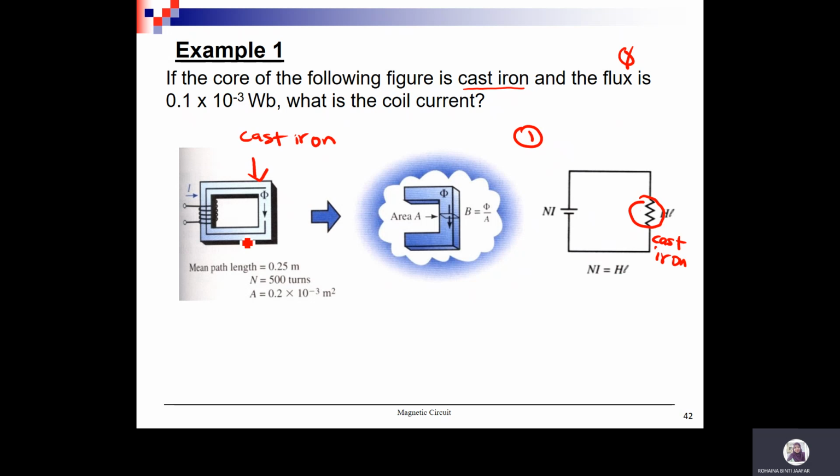Since this example only involves cast iron material, you only have one resistor, HL for cast iron. So from the Ampere circuital law, Ni equal to HL.